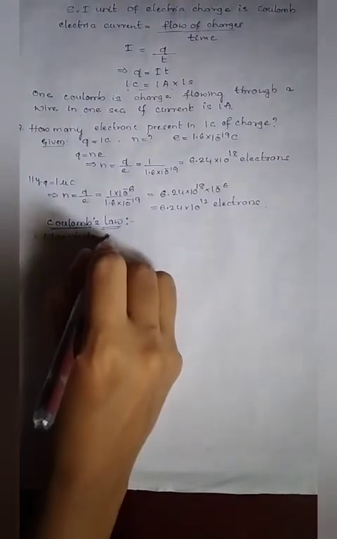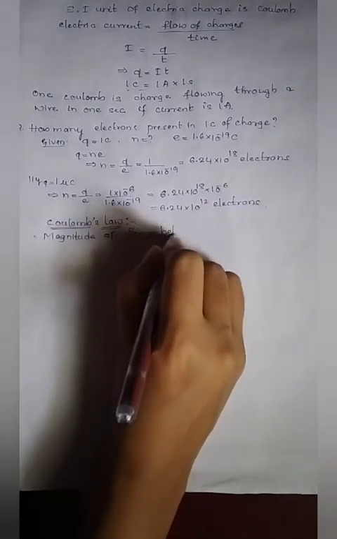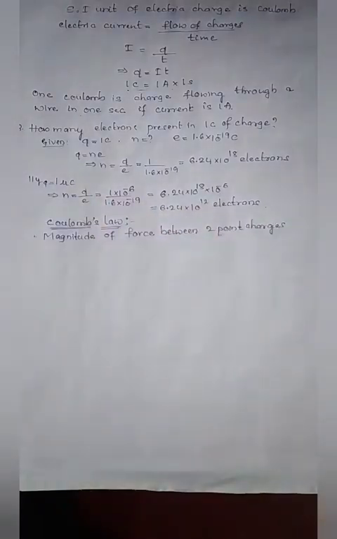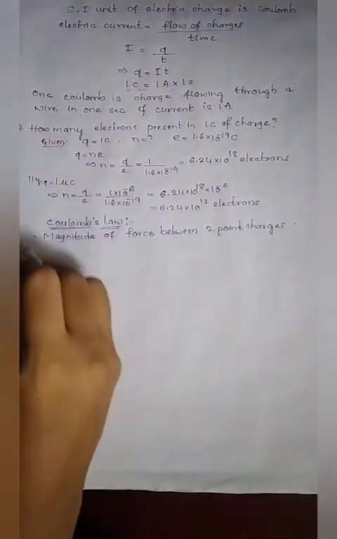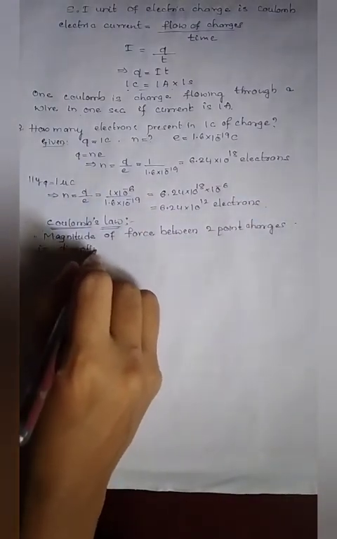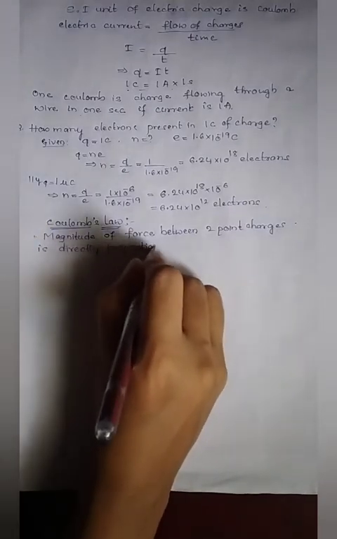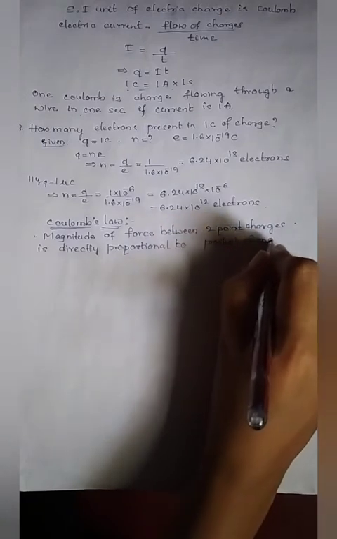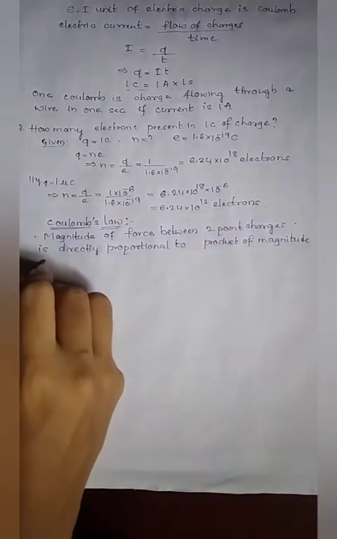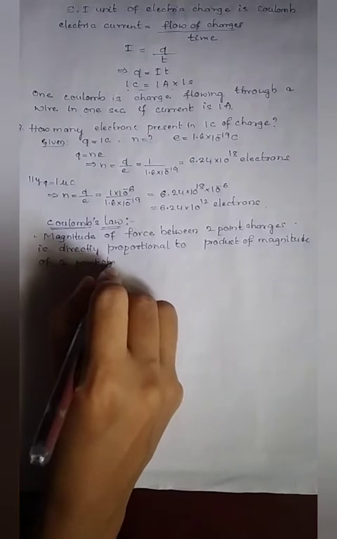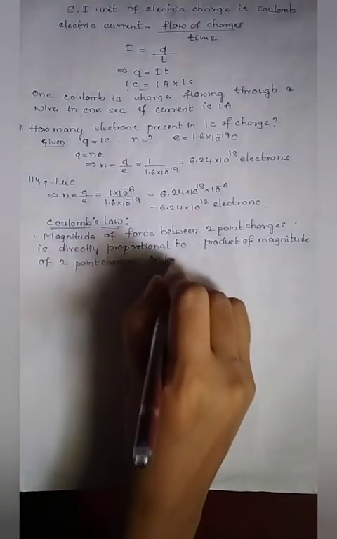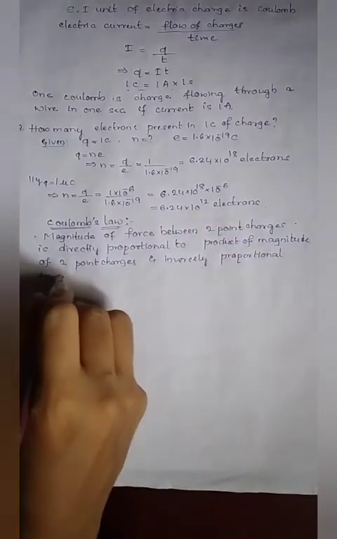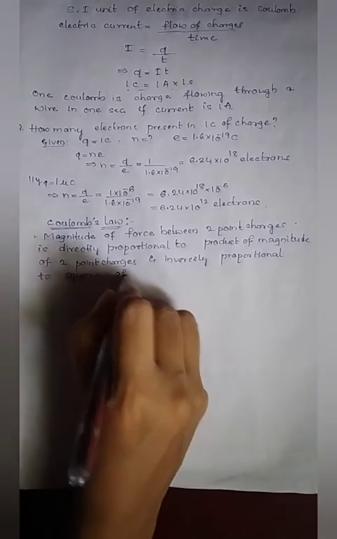The magnitude of force between 2 point charges is directly proportional to the product of the magnitude of the 2 point charges and inversely proportional to the square of the distance between them.